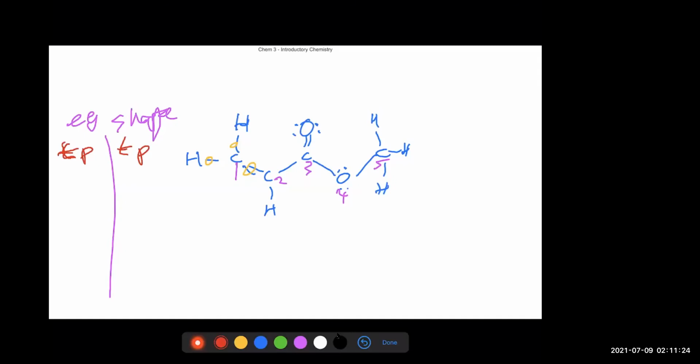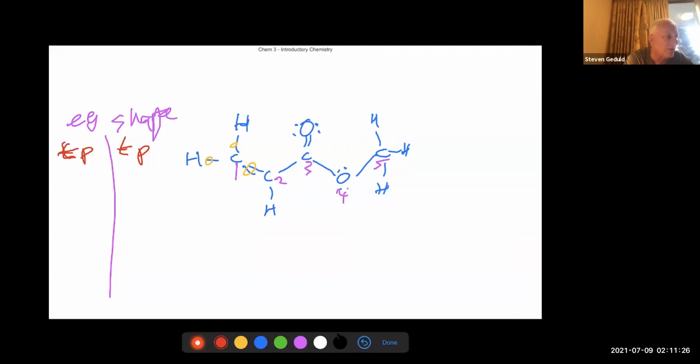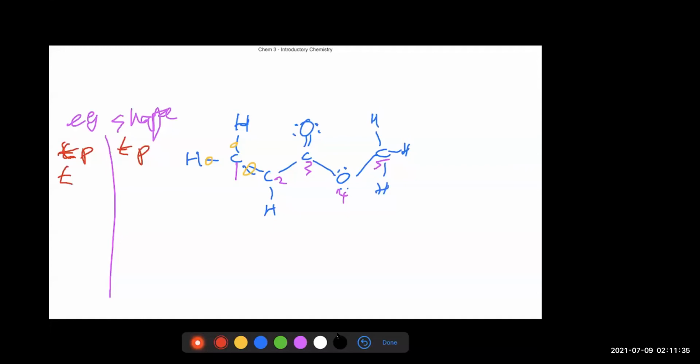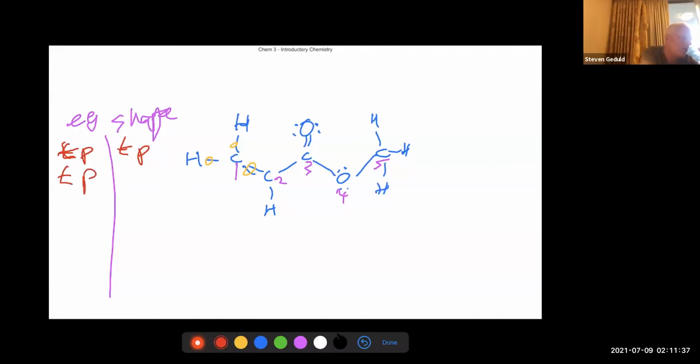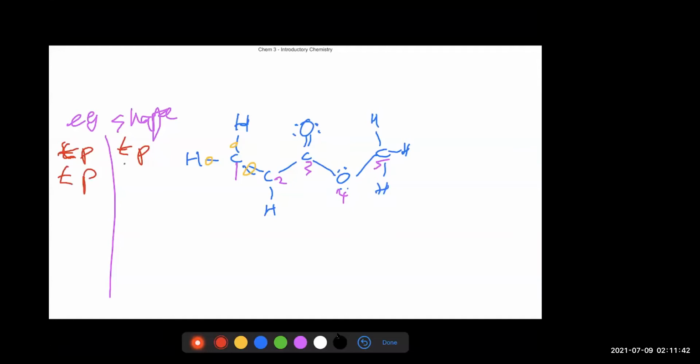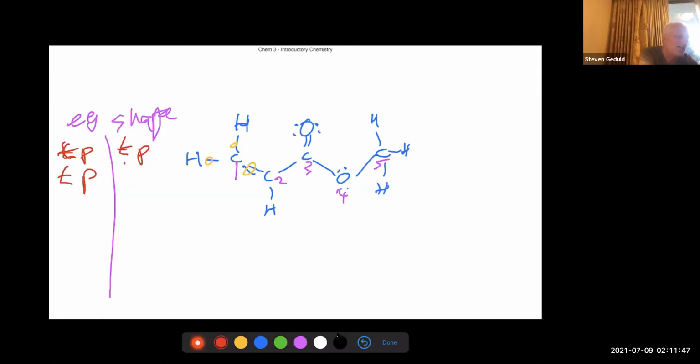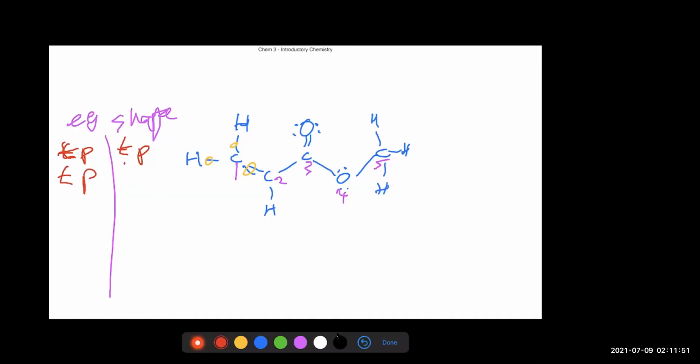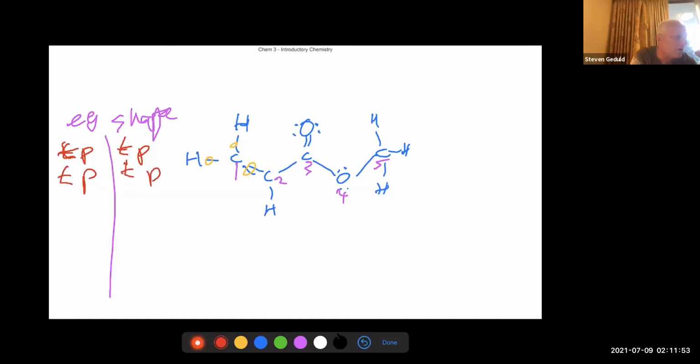Yeah, 3 as well. So what's the electron geometry? Trigonal planar. What's the shape? Looks kind of bent, but there's 3 attachments, so I'd say trigonal planar. Remember, if there's 0 non-bonding electron pairs, it has to be the same.